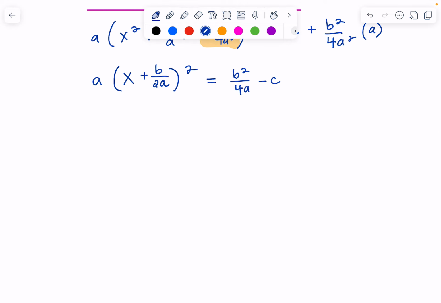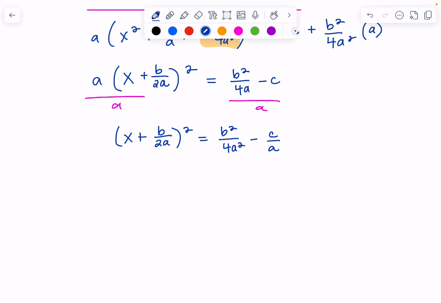And again, our goal is to solve for x, so I'm going to divide by a as my next step to doing that. So this would be x plus b over 2a, squared, is equal to b squared over 4a squared minus c over a.